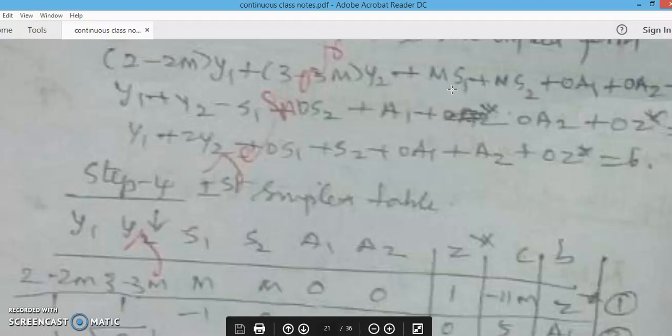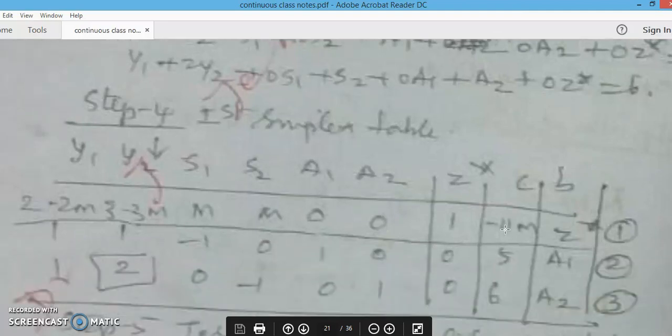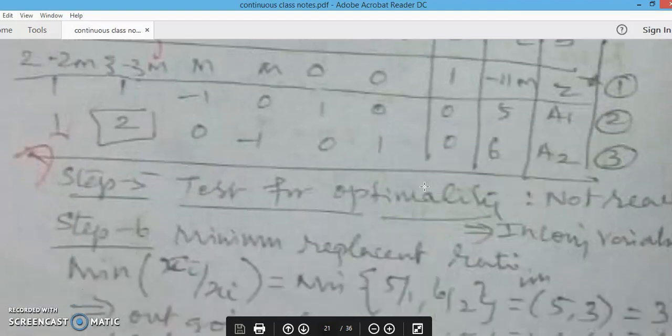The coefficient of s1 is M, and the coefficient of s2 is M. Then take this equation, that coefficient is written here, that coefficient is written here. Now the basic variables are in canonical form: a1 here, a2 here, canonical form, equations 1, 2, 3.